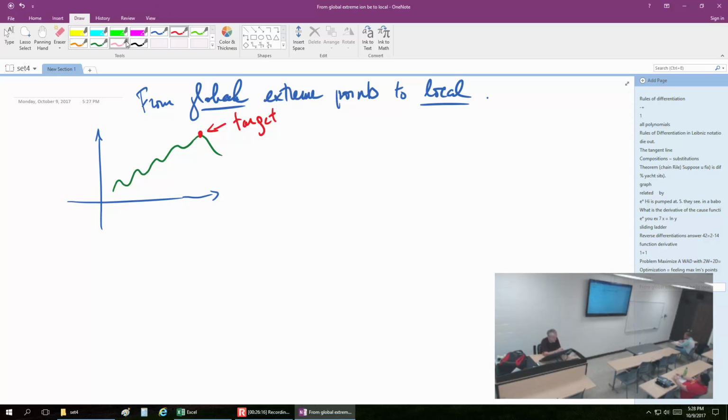Instead I take an indirect route. There is also one target, and this is all the other target: the lowest point, the highest point. But I take an indirect route, and I look at these points, every point where the tangent is 0.